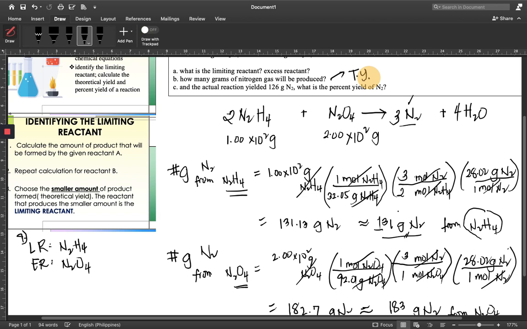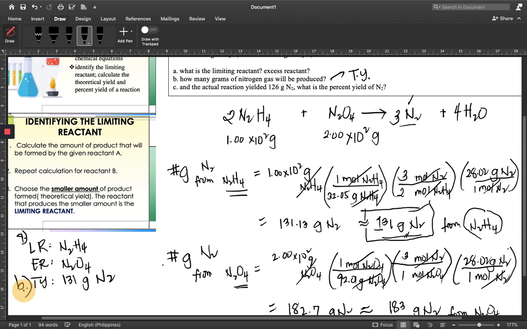In this case, we base the theoretical yield on the amount of product that has been generated from the limiting reactant. So in this case, our theoretical yield is 131 grams of N2. And this is our answer for letter B.